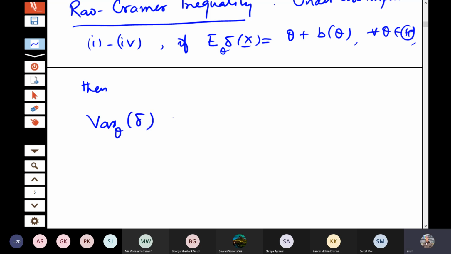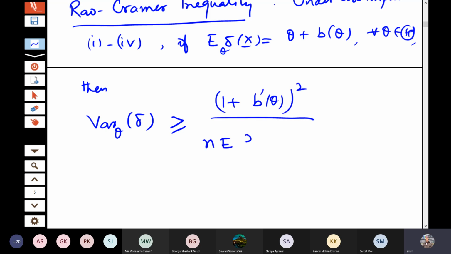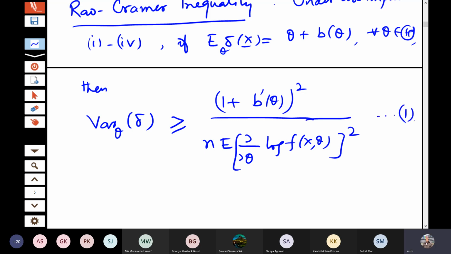Then the variance of delta is greater than or equal to (1 plus b prime theta) whole square divided by n times the expectation of del by del theta log f(x, theta) whole square. So this is the inequality. Okay, that means the variance of an estimator delta is always greater than or equal to this quantity.